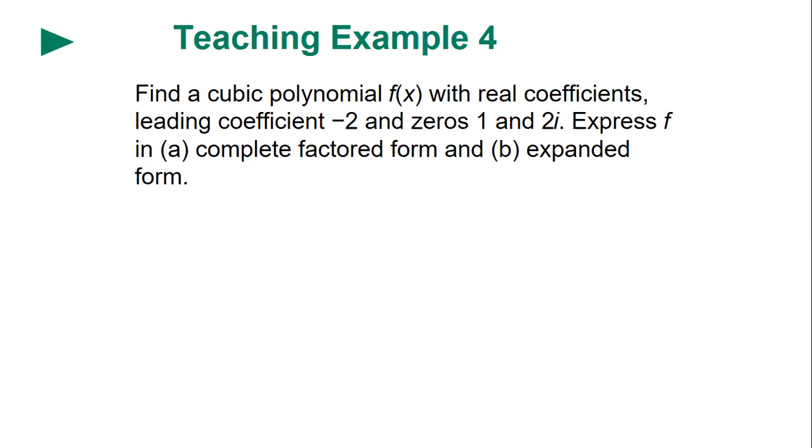If you need a reference, go back to example number 2 and see what we did there. I made a comment about your imaginaries: they automatically come in a pair. So even if I only give you one, you know that the other is always the opposite. There you go. All right, go.